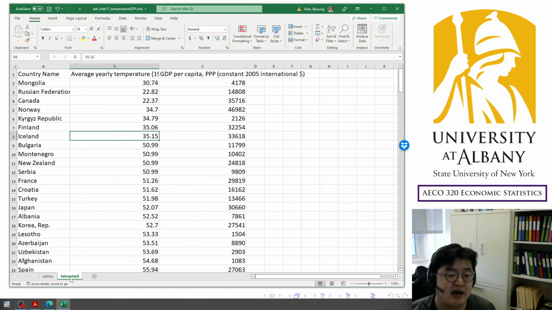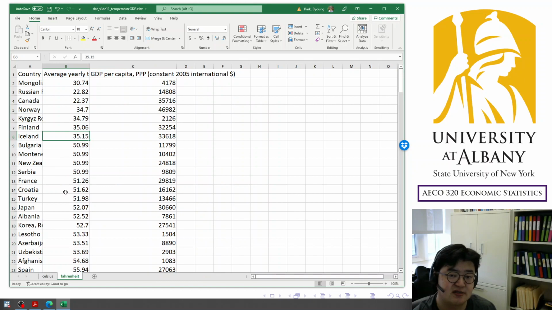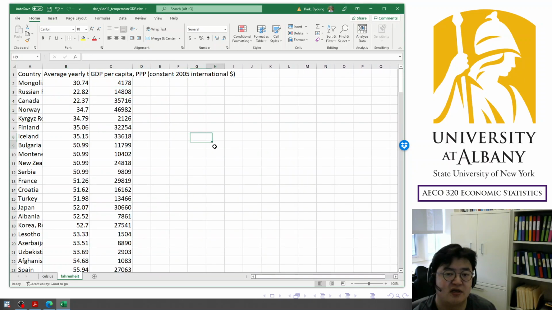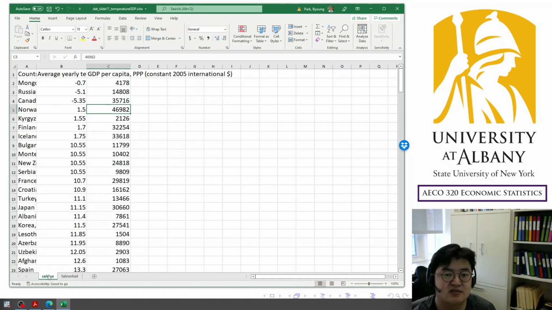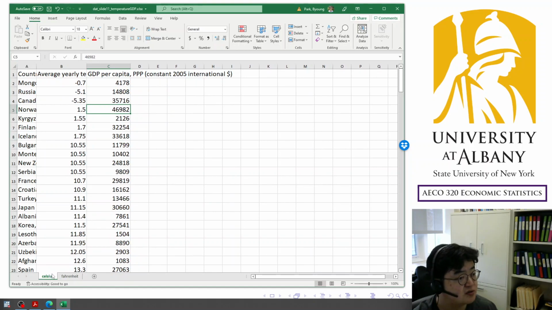And I have another tab, Fahrenheit, which has temperature in Fahrenheit. And GDP per capita does not change, right? I just left it the same, so I only changed the temperature to study what happens.